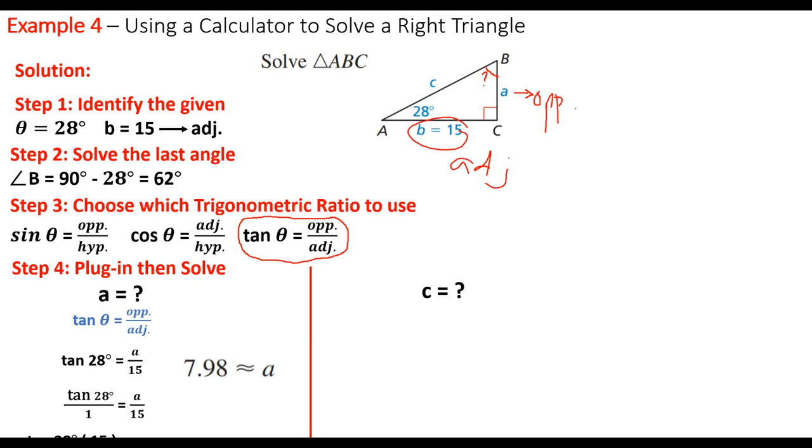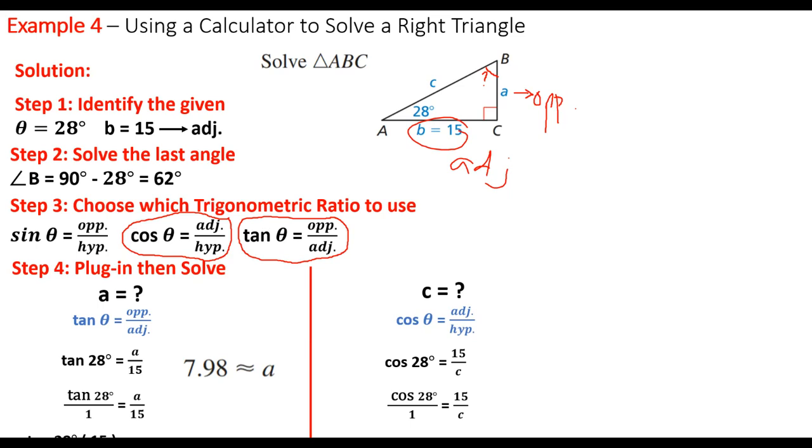Adjacent and hypotenuse means we will be using cosine here to solve for C. So cosine theta is equivalent to adjacent over hypotenuse. Now we plug in and solve. Our theta is 28 degrees, adjacent is 15, and your hypotenuse is C. Again, put 1 under the left side to express it as a ratio, and then do cross multiplication.